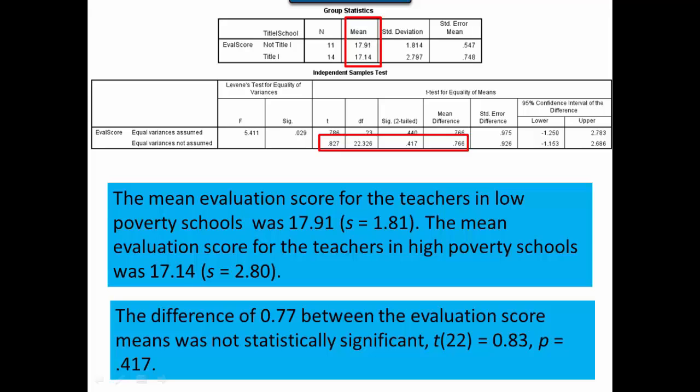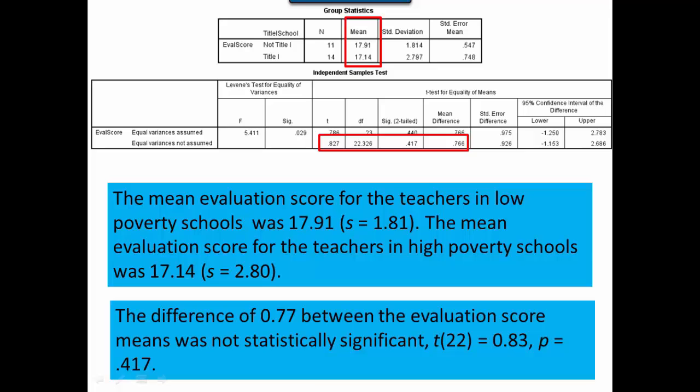The mean evaluation score for the teachers in low poverty schools was 17.91, standard deviation 1.81. The mean evaluation score for teachers in high poverty schools was 17.14, standard deviation of 2.80. The difference of 0.77 between the evaluation score means was not statistically significant.